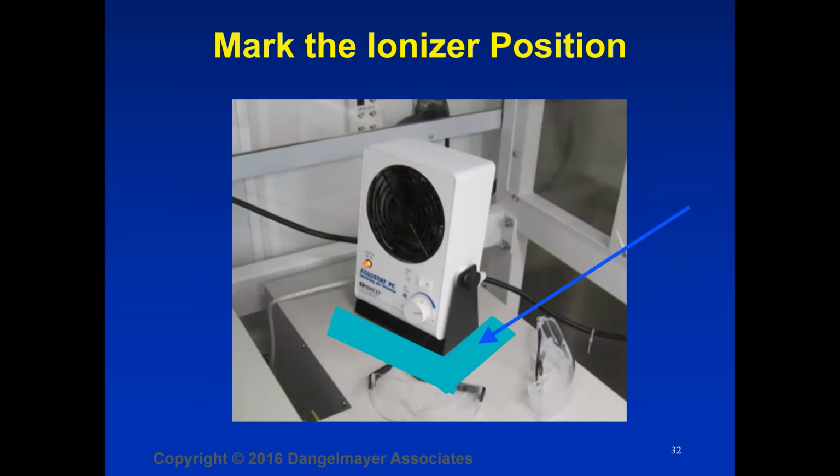And what I said was drill 2 holes in the base and bolt it in place so that it can't move. Nobody generally wants to do that, but it's really a good idea to mark on the workbench where the ionizer goes so that anybody can do just a spot check and verify that the ionizer is where it's supposed to be.